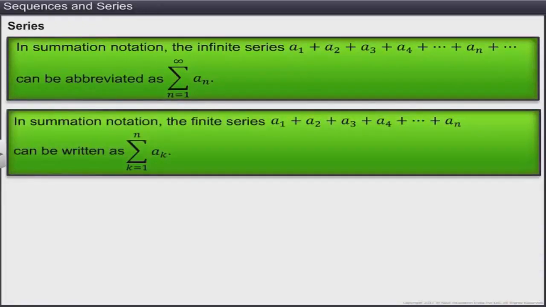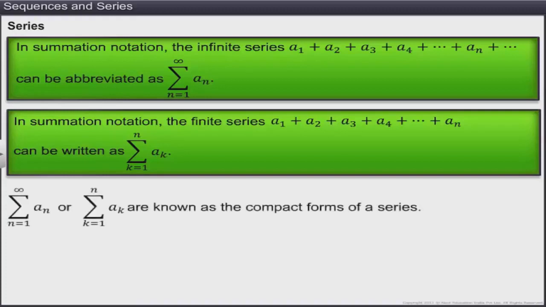Similarly, in summation notation, the finite series A1 plus A2 plus A3 plus A4 and so on up to AN can be written as sigma AK, where k is from 1 to n. The summation representation of a series is also known as the compact form of the series.